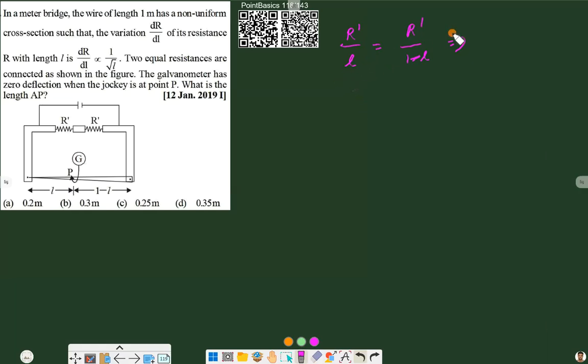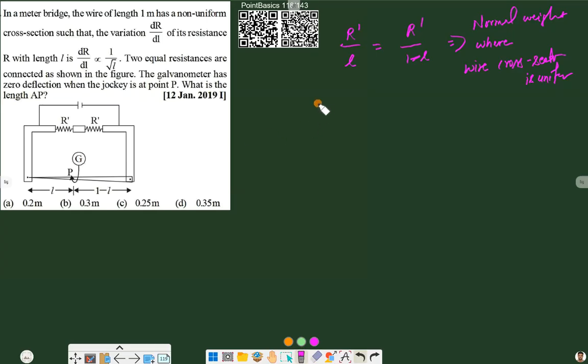This was for a normal Wheatstone bridge, where the wire cross section is uniform. But in this case, we don't have a uniform cross section.